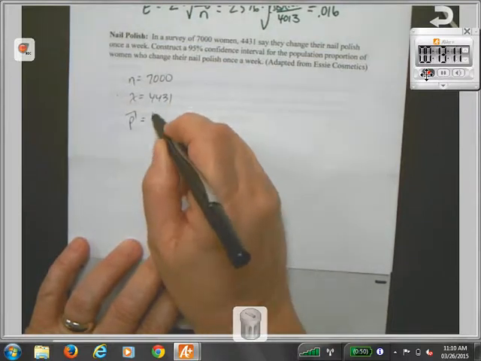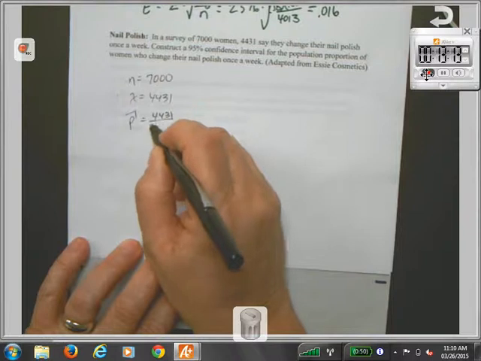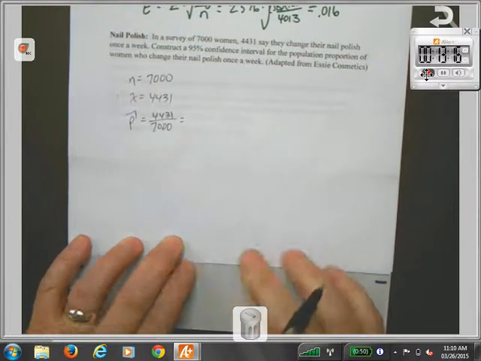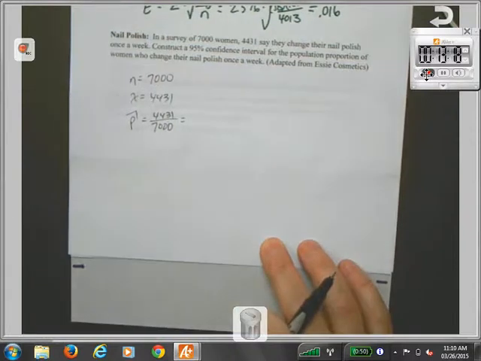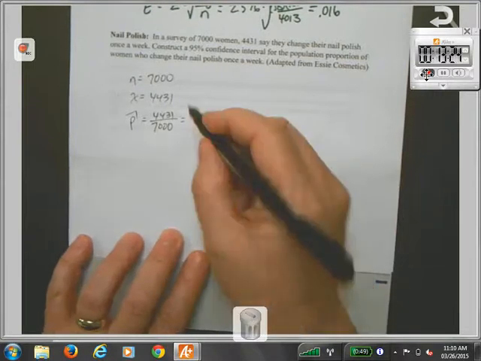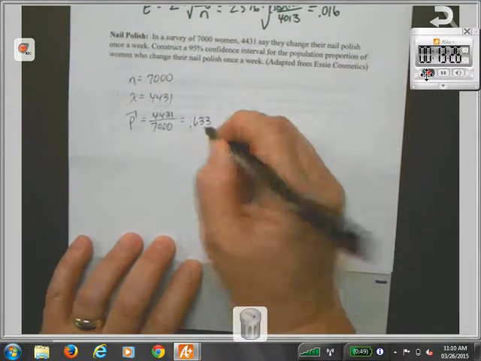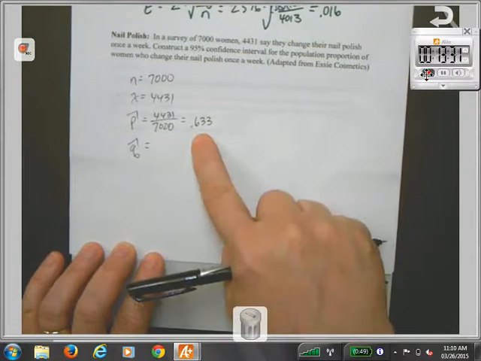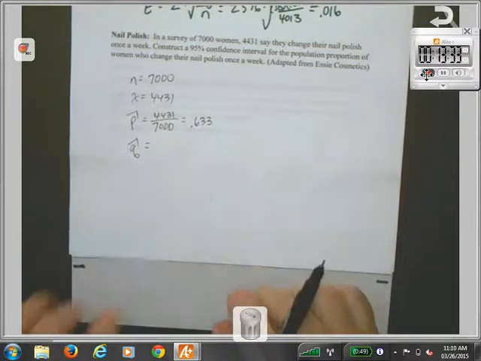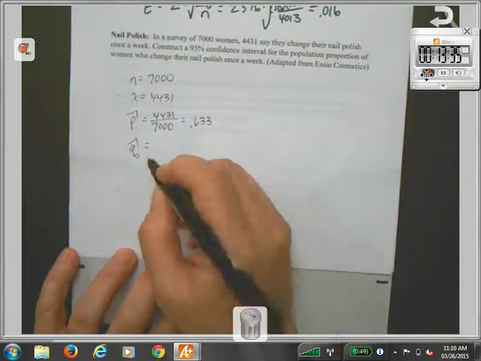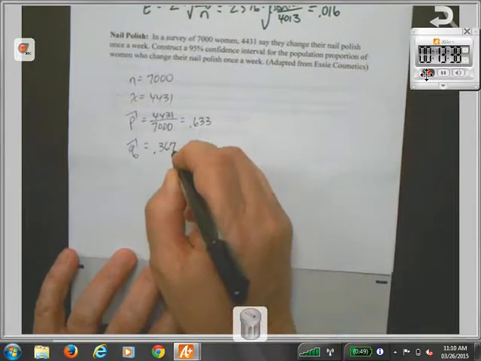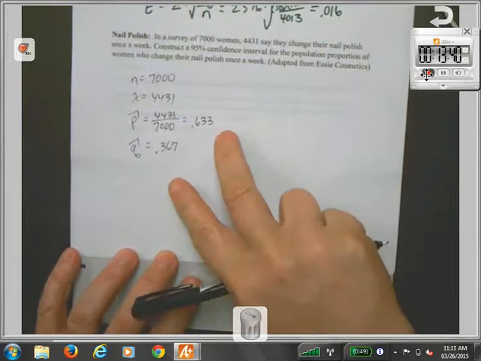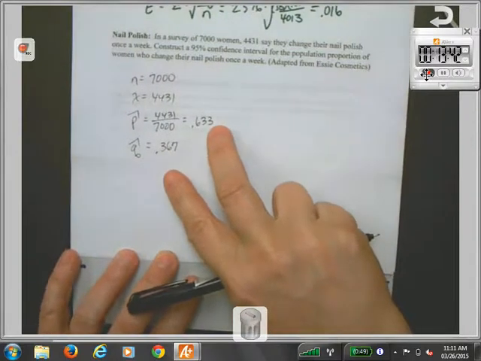So 4,431 divided by 7,000 is 0.633, again using 3 decimal places. q-hat then is the complement of this, or 1 minus that, 0.367. You can always check to make sure you have it right by adding those two to make sure that they add up to 1.